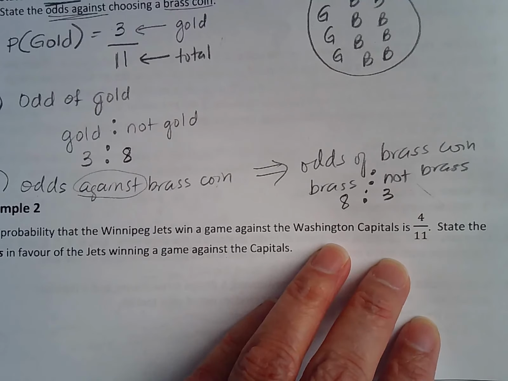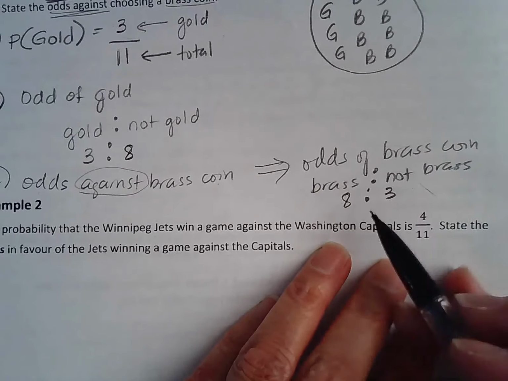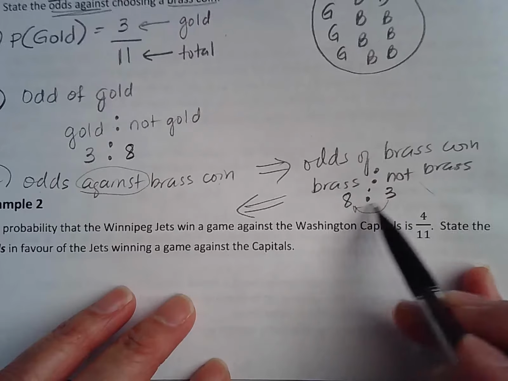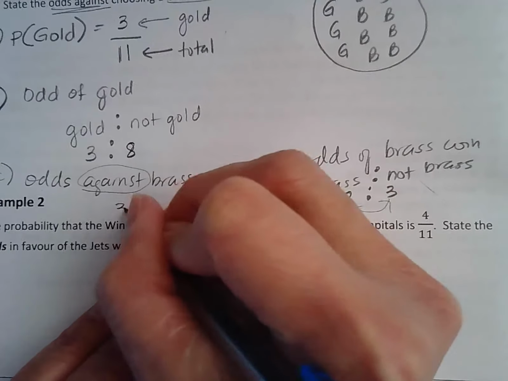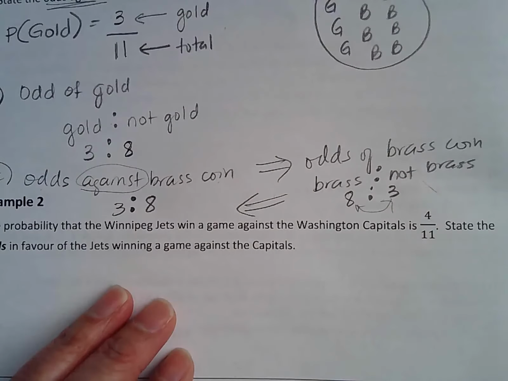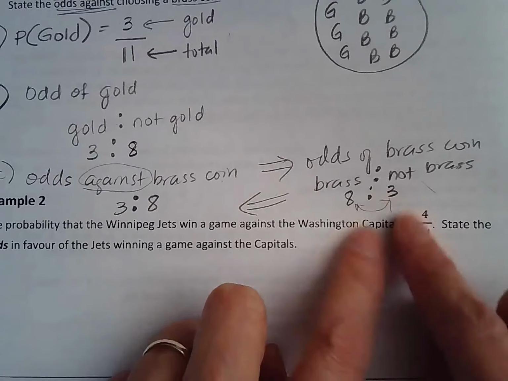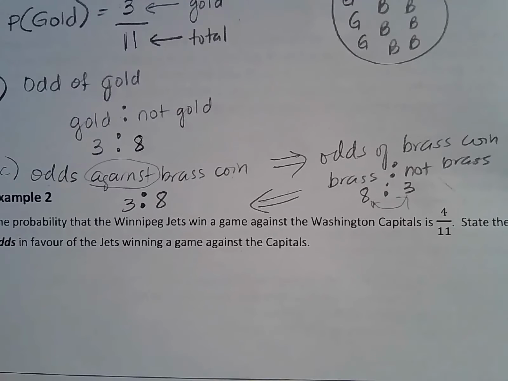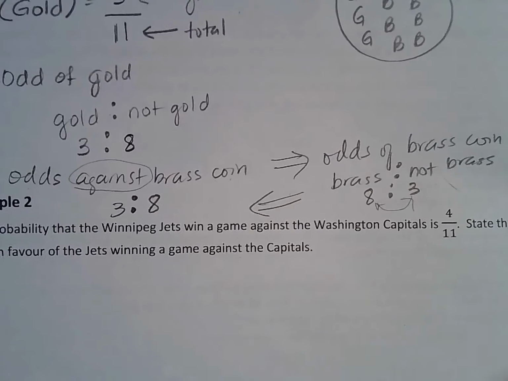Now, if we do the odds against, we're going to switch these two around. So odds against brass coin would be 3 is to 8. We switch them around. Okay, is everybody okay with that one?